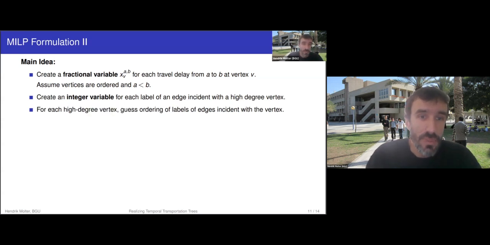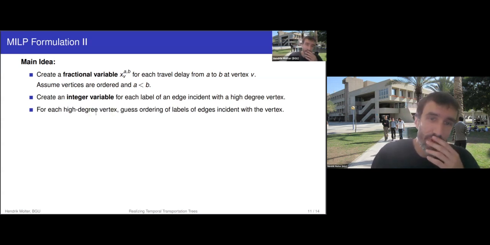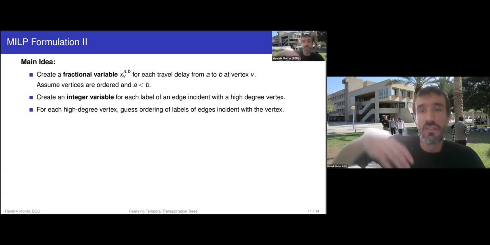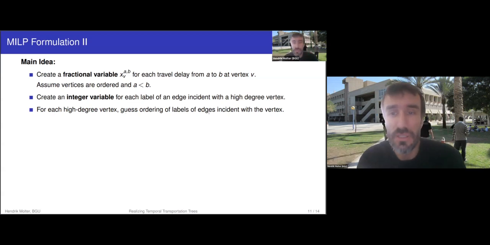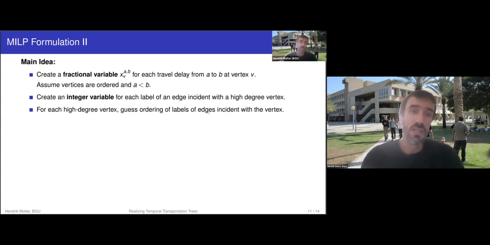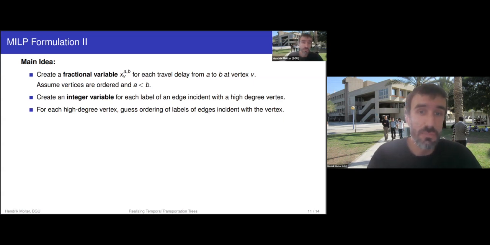And now what we can do is for each high degree vertex, we can guess the relative ordering of the labels incident with that vertex. Now this allows us, if we want to compute the travel delays, to know which of the labels is the larger one and whether we need to add delta to the second label or not.